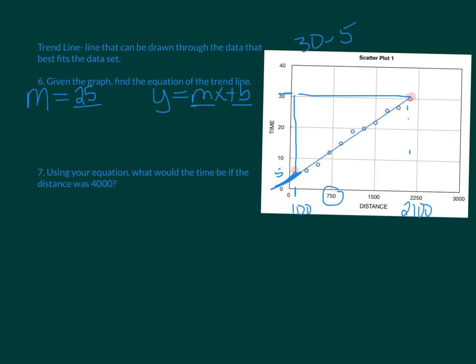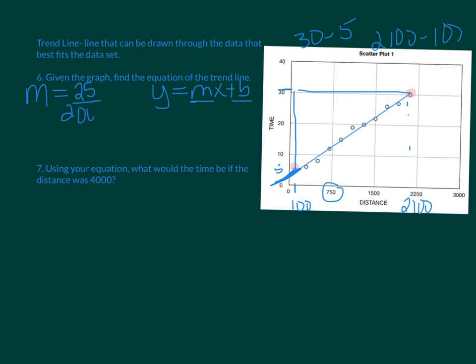Okay, and then my run is going to be 2100 minus 100, which gives me 2000. So this is my slope. Okay, now again, don't worry about reducing these. Now my y-intercept, okay, is, I'm going to guess is 4. Okay, because it's a little below half. Okay, so our equation is going to be y equals, okay, 25 over 2000 x plus 4.